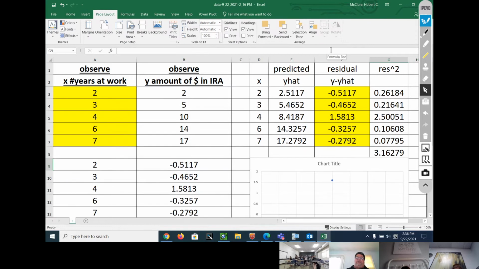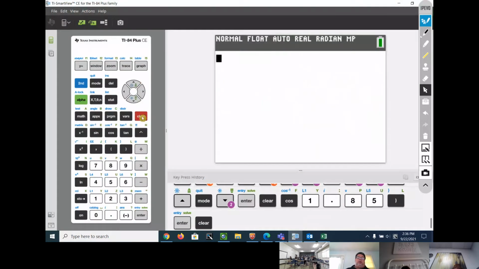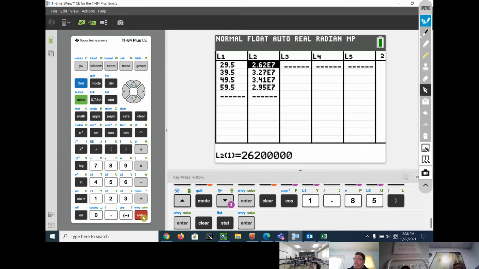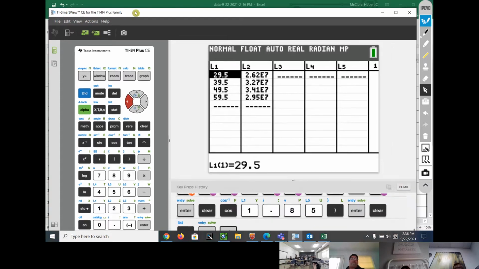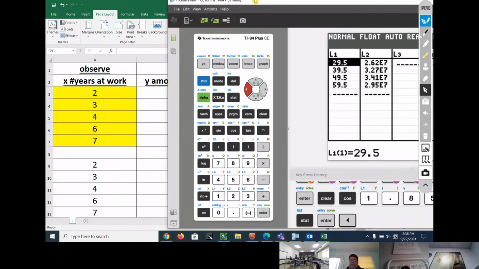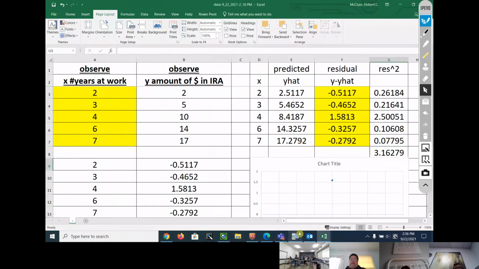So if you go to your graphing calculator, let's go there now. I'm going to go put in these, stat, edit, and I can't remember, so I'm going to make it smaller. 2, 3, 4, 6, 7.